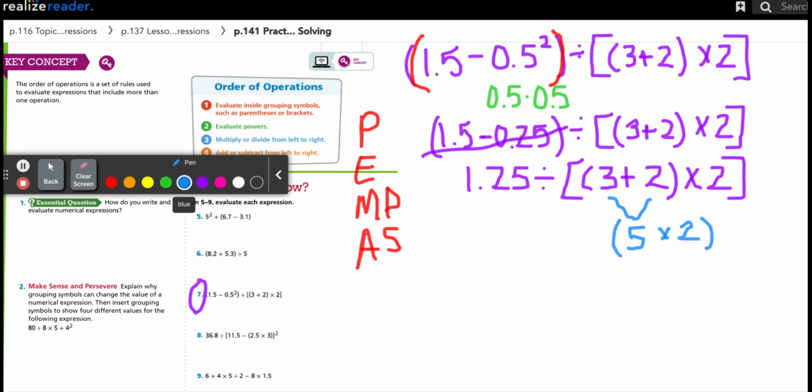And let's bring down the rest of the problem. 1 and 25 hundredths divided by, open parentheses, 3 times 2. Notice how big and how clear I'm writing this. It's a little bit shaky because it's written on the screen, but my numbers are big, clear.